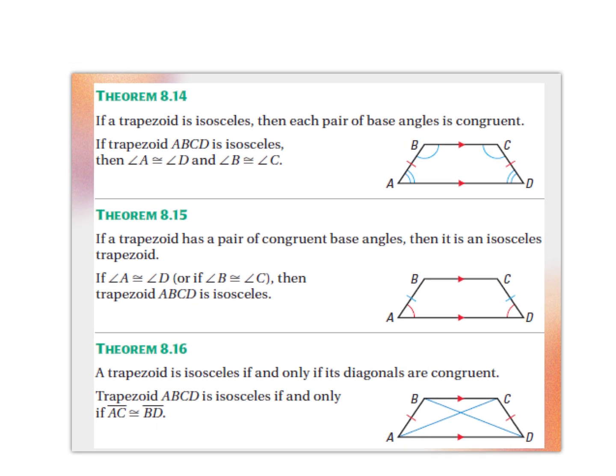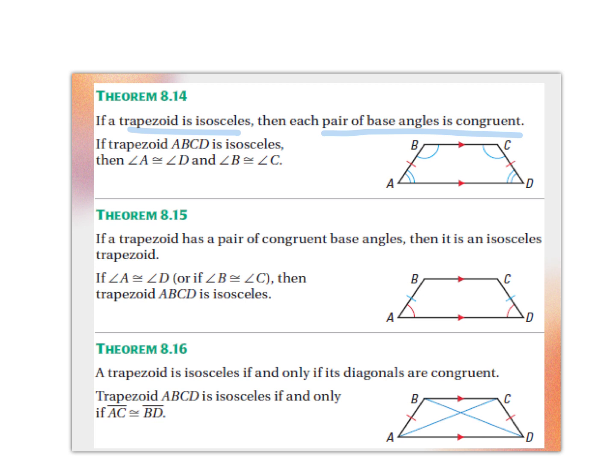Now, remember, a generic trapezoid is still a four-sided figure. It's a quadrilateral. Its interior angles add up to 360 degrees, and it has one pair of parallel sides. This extra information on this slide pertains to an isosceles trapezoid. So it says if a trapezoid is isosceles, then each pair of base angles is congruent.